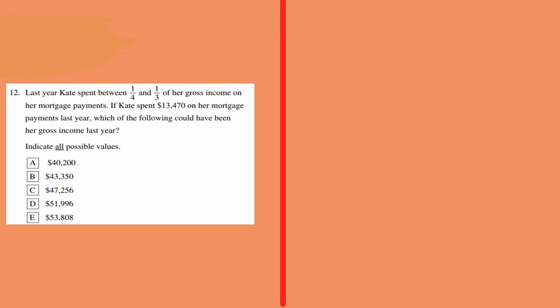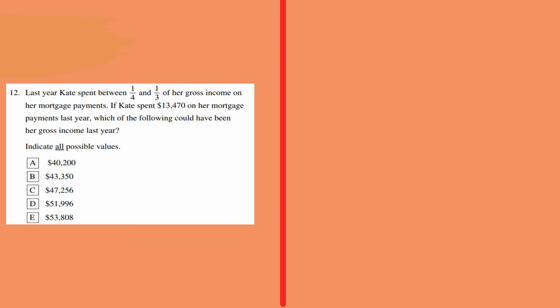The next question says Kate spends between 1/4 and 1/3 of her gross income on her mortgage payment. If she spends 13,470 on her mortgage payment, which of the following could have been her gross income last year?